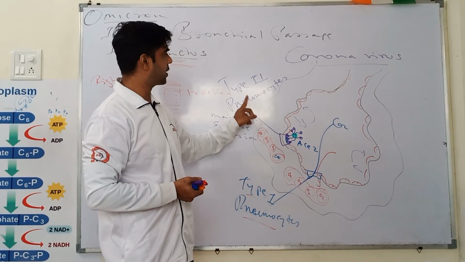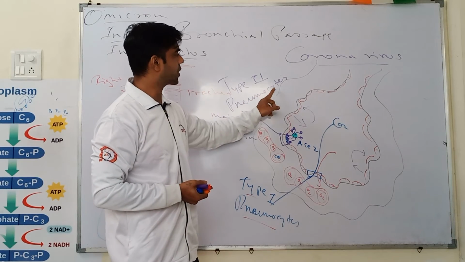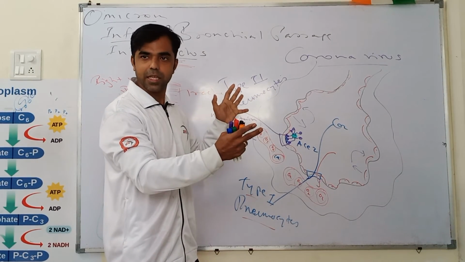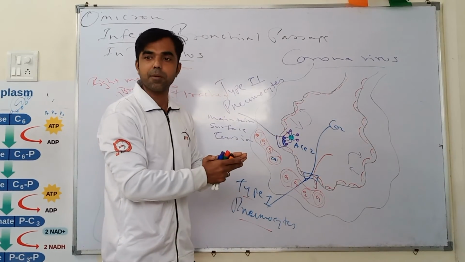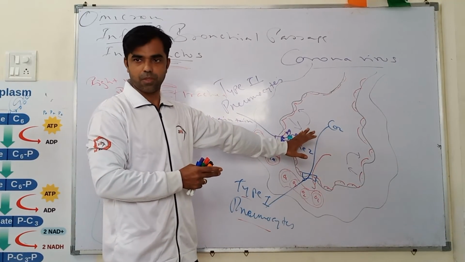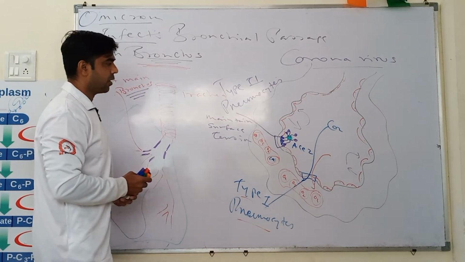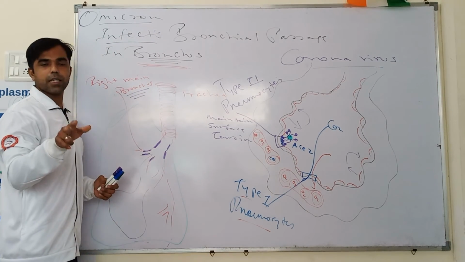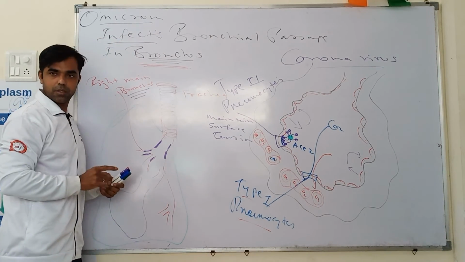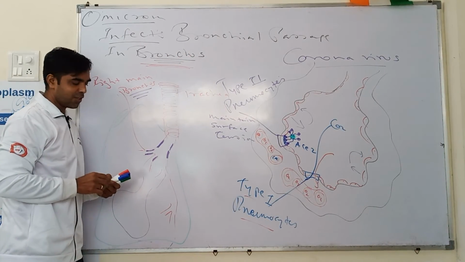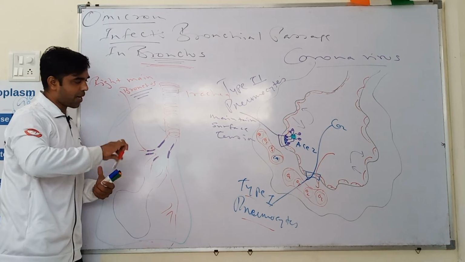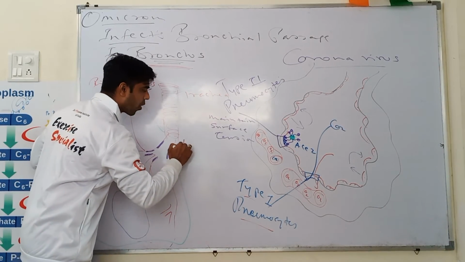As I mentioned, this type 2 pneumocyte is responsible for maintaining the surface tension. If this surface is collapsed, a patient may develop pneumonia, right? But that's not the case in Omicron. Omicron is settled in the bronchial passage. So this Omicron will cause bronchitis.